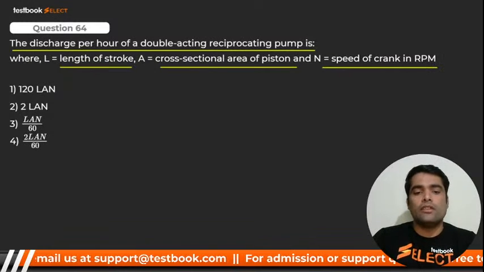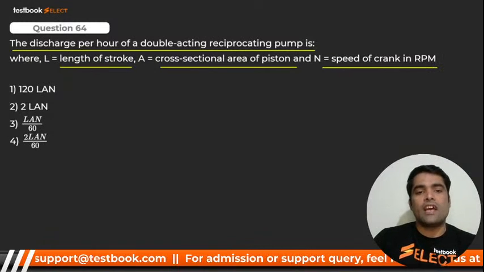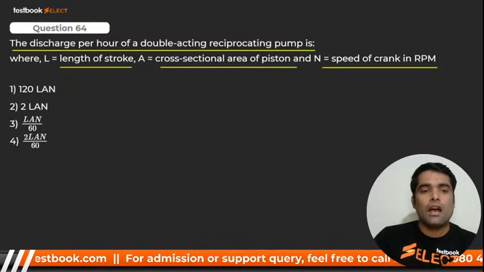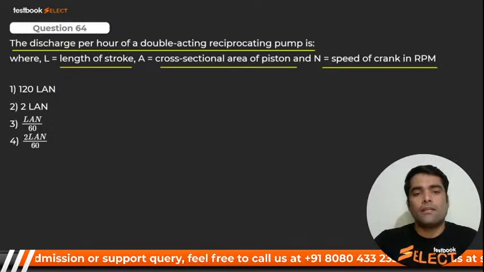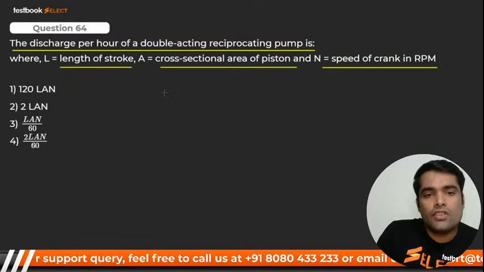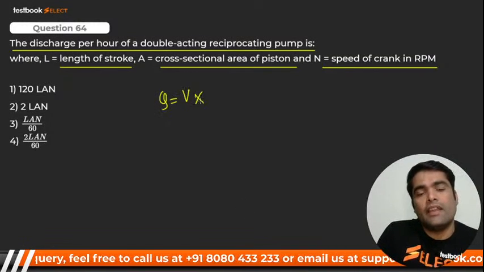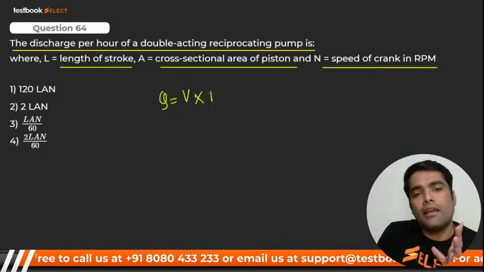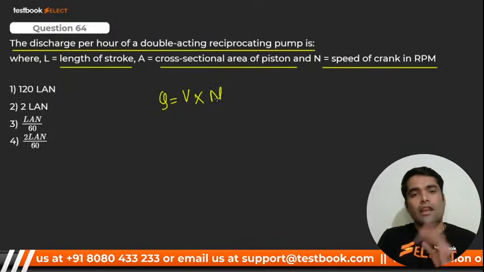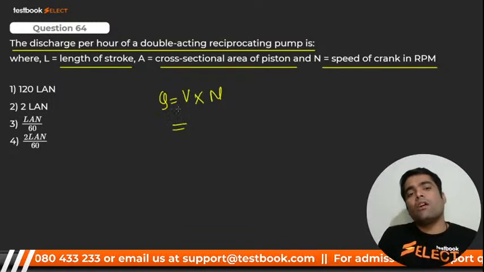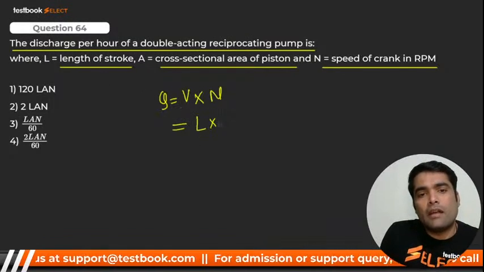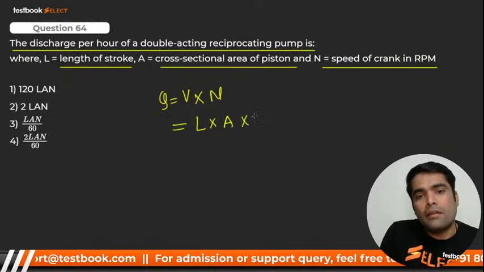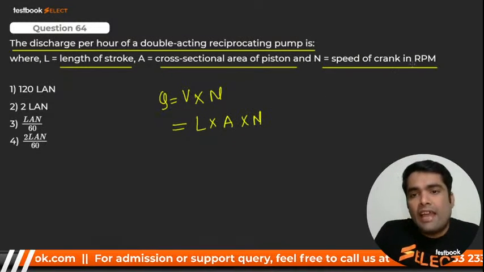And you know that discharge is equal to volume delivered in a single revolution multiplied by number of revolutions. Volume is stroke length multiplied by area, multiplied by N, but this N is in rpm.